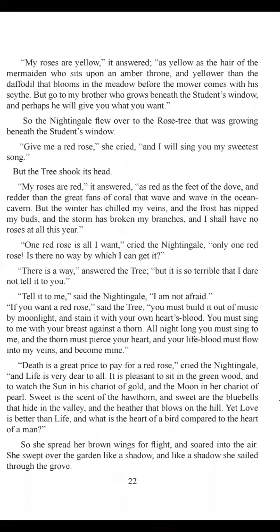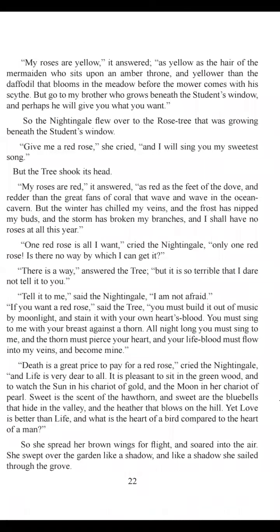That bird should stick her breast on the thorn of the red rose plant, and should sing all night. So it's really a difficult task, right? But the nightingale takes this risk. Those words are very emotional. She's telling what's the bird's heart when compared to a man's heart, right?